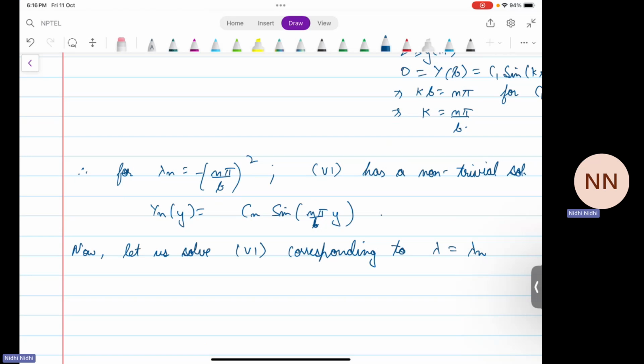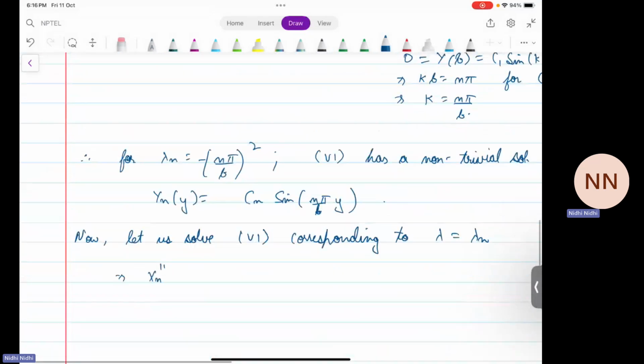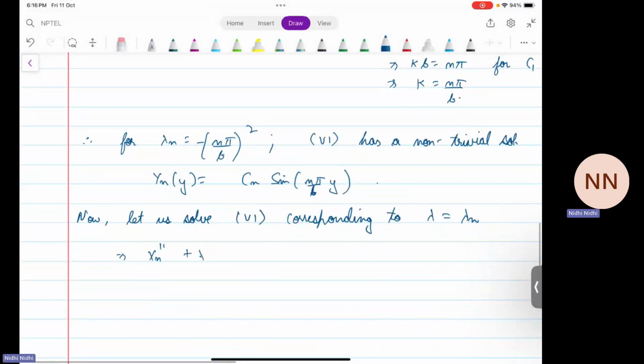So let xn satisfy the equation corresponding to lambda equals lambda n. This gives us xn double dash plus lambda n xn is equal to 0.